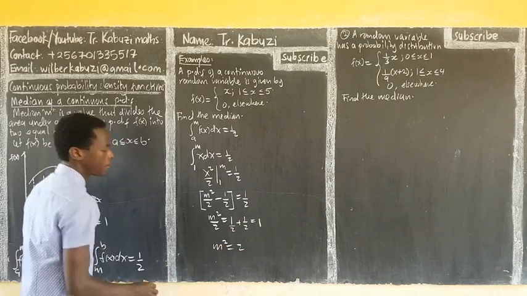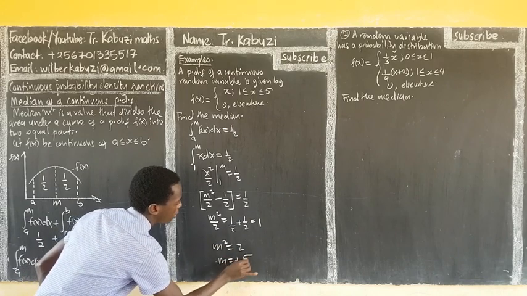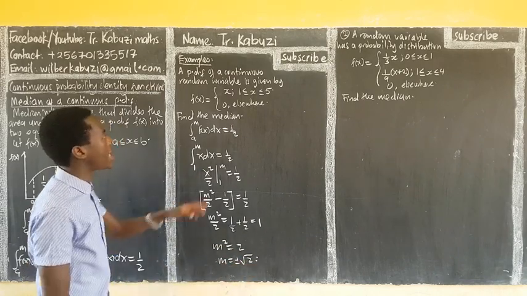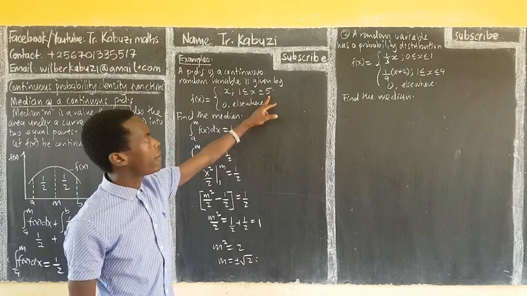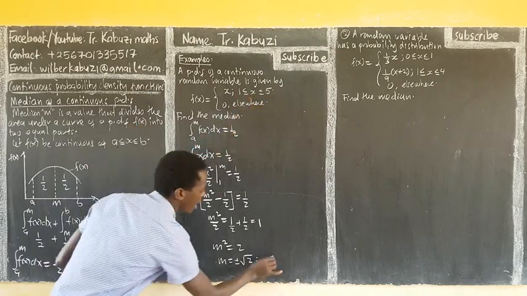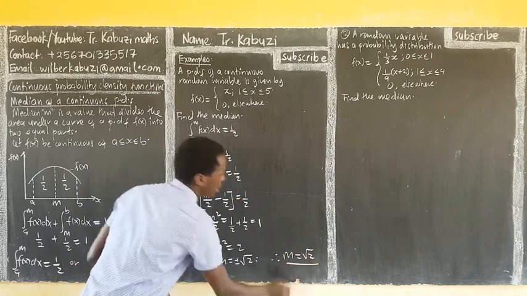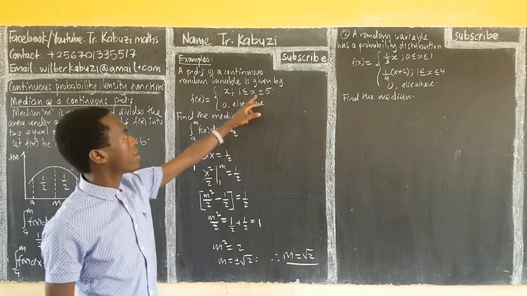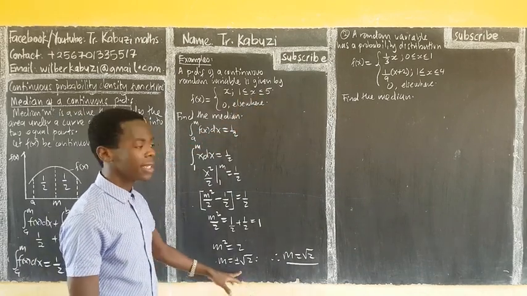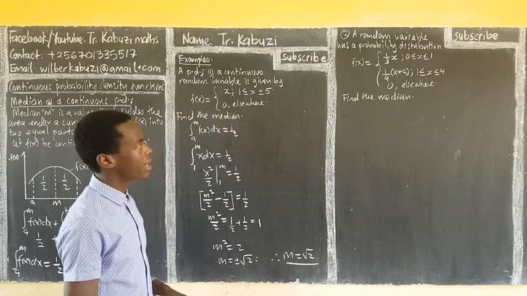If you need m, we take the square root, plus or minus square root of 2. But the interval is between 1 and 5, so our x is positive. Therefore our m is root 2. That's why we take it as positive after getting the square root. So with one interval, the idea is very easy.